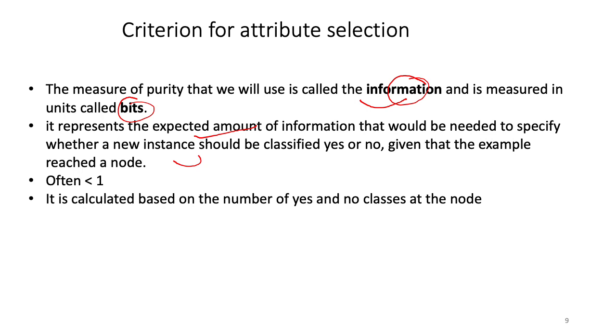We want to be able to easily classify instances into the class yes or no. So the information is usually less than 1. And we're going to learn today how to calculate this metric.